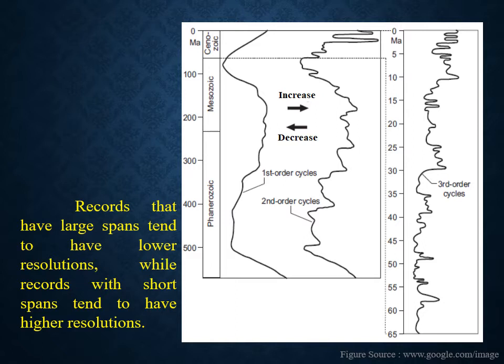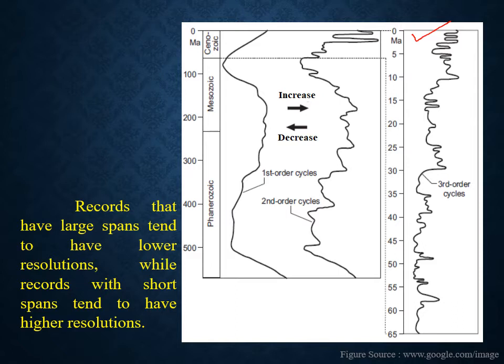In contrast, there are some proxies which, although have a short time span of coverage, will give us a very high resolution. Say for example, in this case you can see this, with the help of some proxy tool we can get an idea about the temperature condition of Cenozoic time.